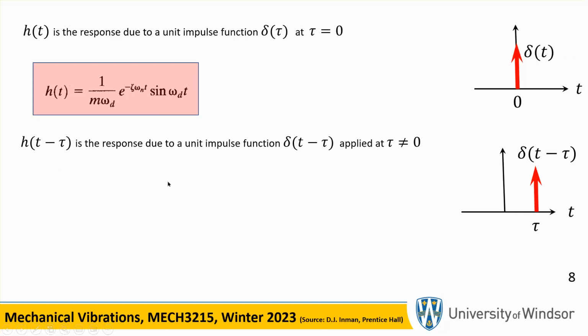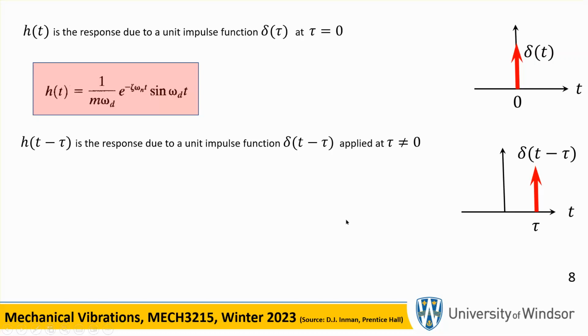Now, in the event that your delta function or the response is at a different time instant, then this is shifted to the right. And we know when you shift things to the right by amount tau, then you just write it as delta of t minus tau. Okay? Now, let me just back up for a second.